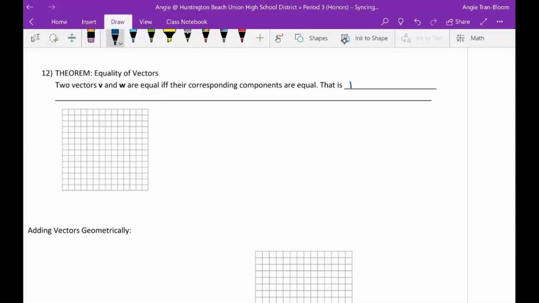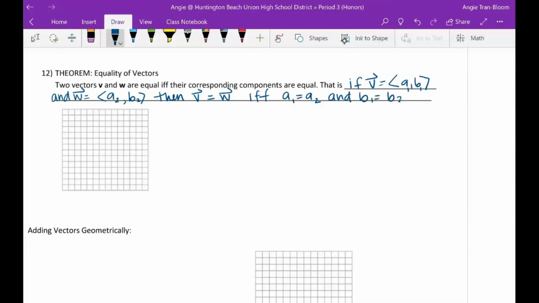That is, if vector v equals a1 comma b1, and vector w equals a2 comma b2, because we have two a's and b's, then vector v is equal to vector w if and only if a1 is exactly the same as a2 and b1 is exactly the same as b2.